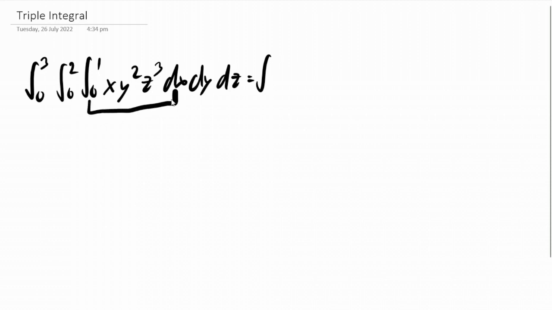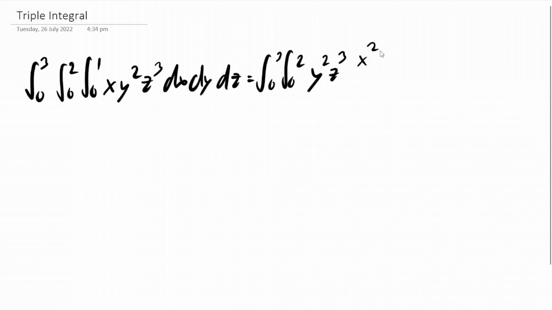We will start from the center, so dx, we will consider the others as constant. So just bring out y squared and z cubed.